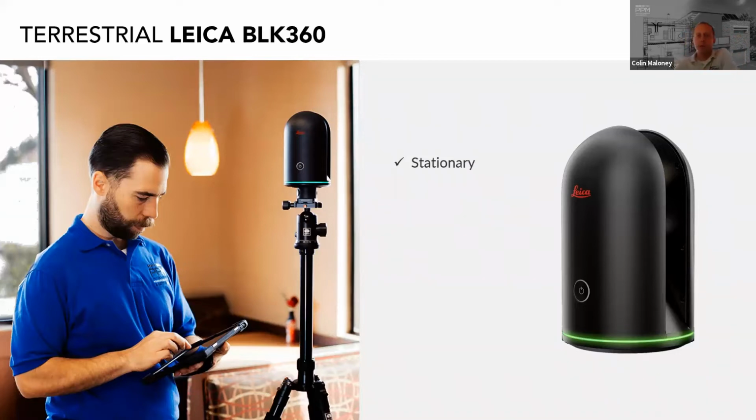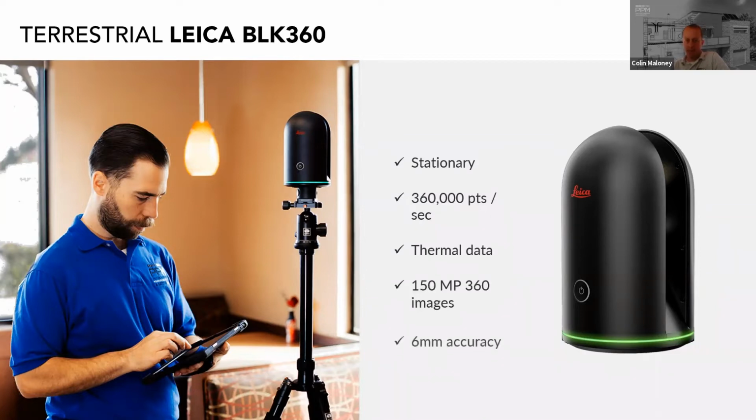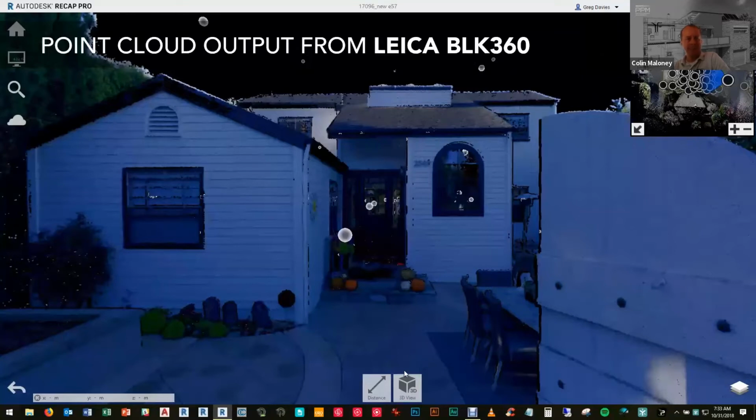Terrestrial scanners like this one will give you a much more rich, dense point cloud than a mobile scanner would. Some terrestrial scanners offer an extremely high level of precision to their clouds. In the next slide, we'll see a short video of a scan of a single family residence taken with this exact scanner right here. And I hope it works.